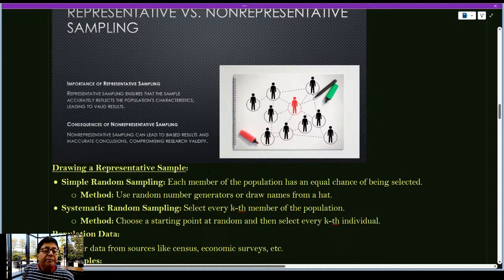When you have selected the method, there is no choice from your side. You take every kth member of the population.